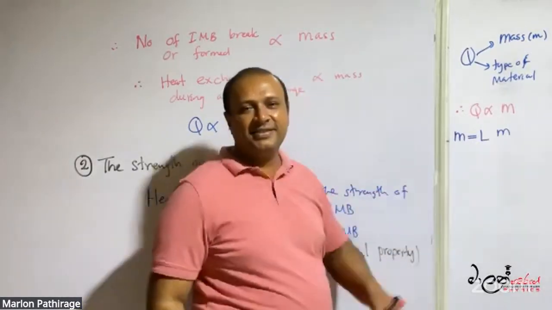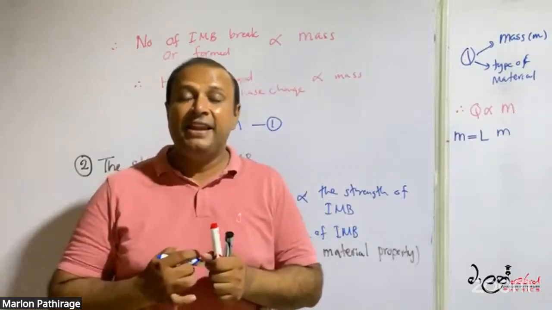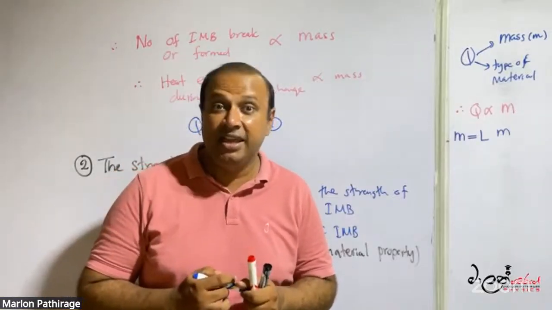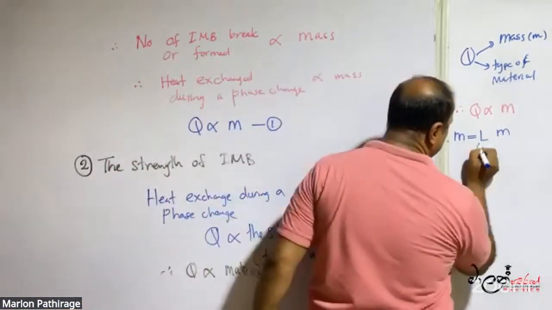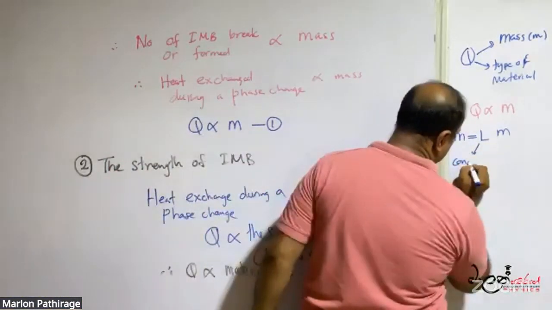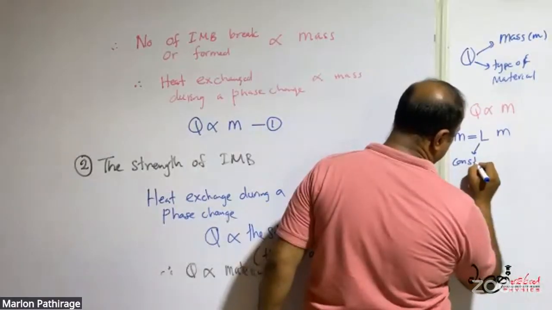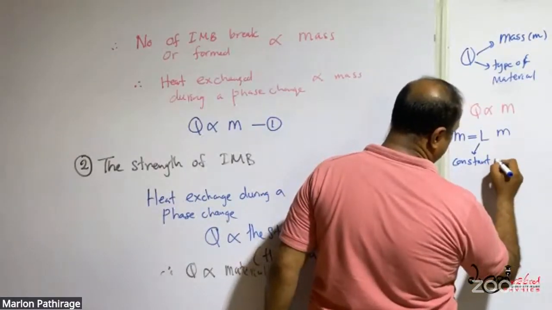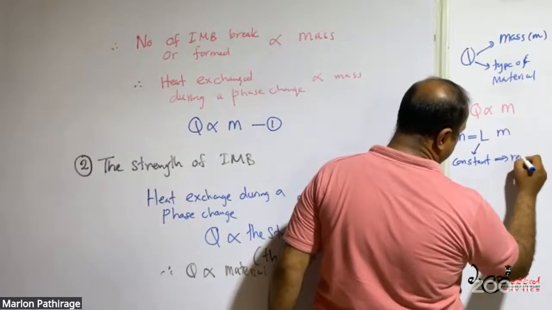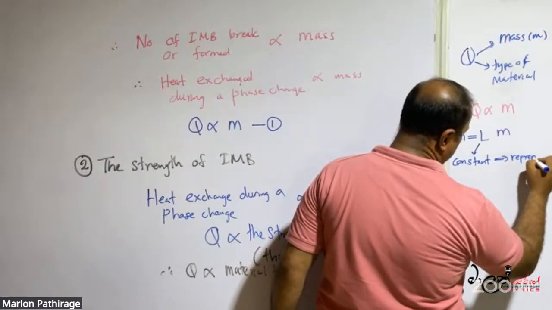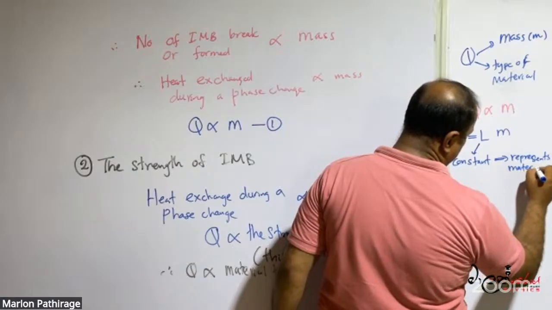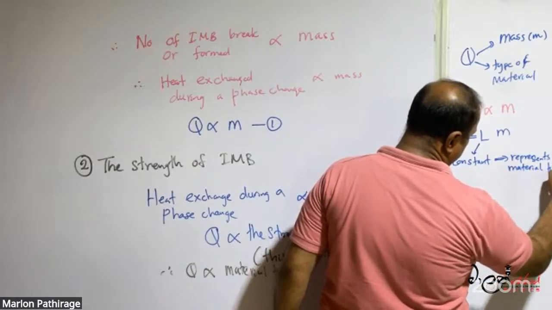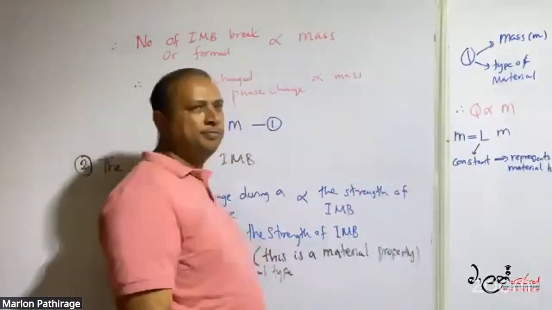This constant is called the latent heat. It is a constant, and it represents material type.